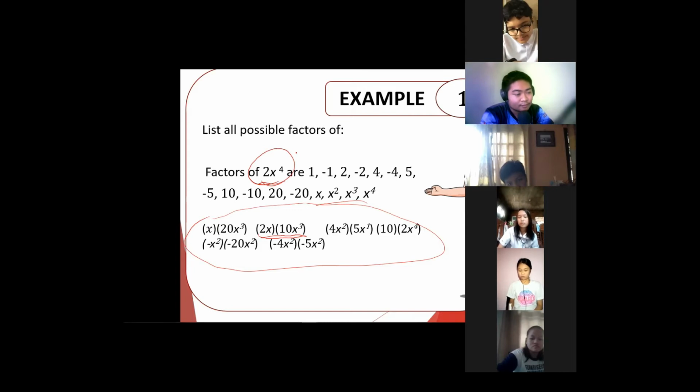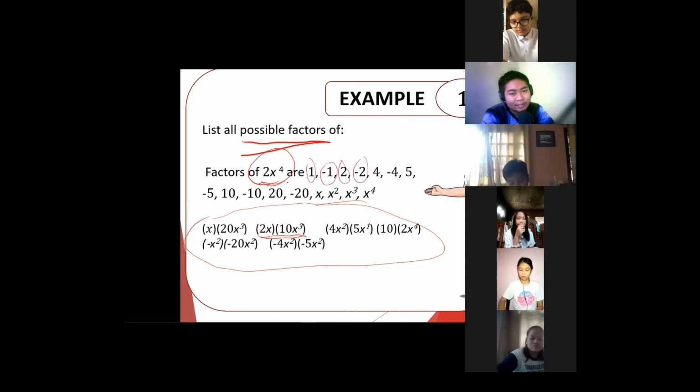Also, sir, why are there commas after each number near the 2x raised to 4? These commas are just the list of the possible factors. We have 1 times 2, negative 1 times negative 2.